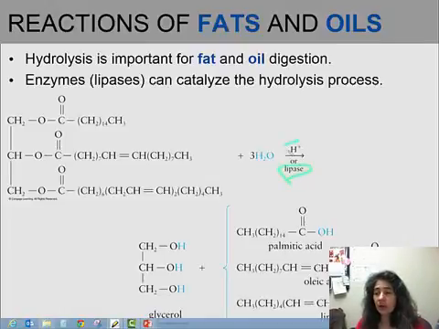You can see another option is, in this case, an acidic solution that we're running this hydrolysis reaction in. But as soon as we see hydrolysis, we just know, break the ester bond, and we're going to get our alcohol and our carboxylic acid. We're in acid solution, so we have excess hydrogens, and they're going to bond to the oxygen, so we'll get the carboxylic acid with the alcohol.